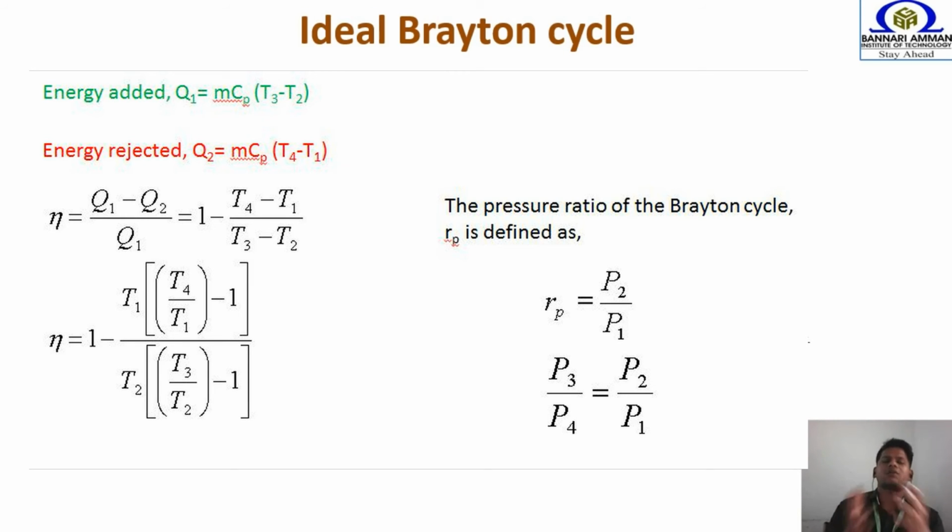We will also understand the concept of net work output, Wt minus Wc, which means the energy available to you after spending some energy in the compressor.